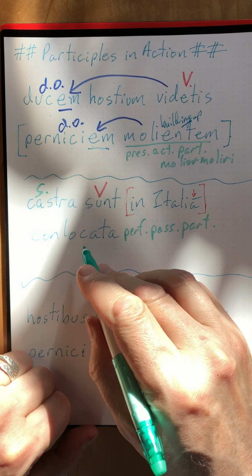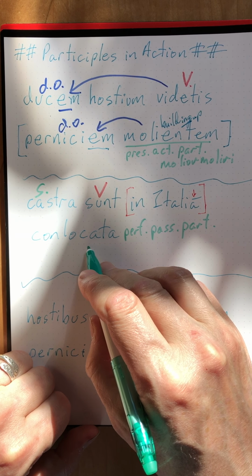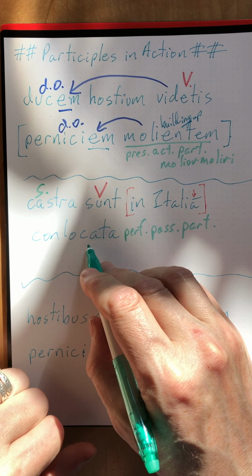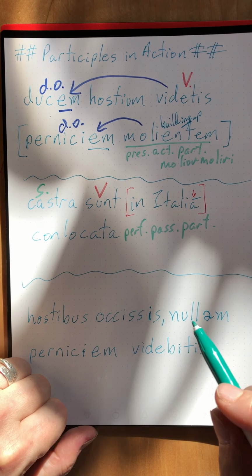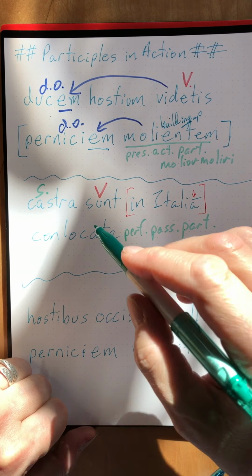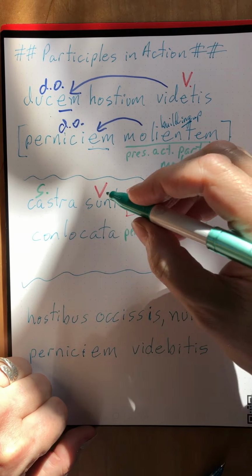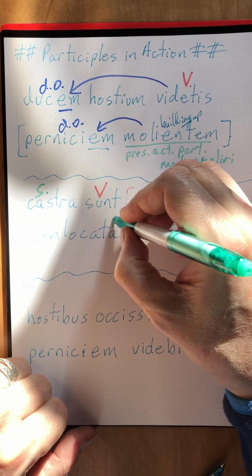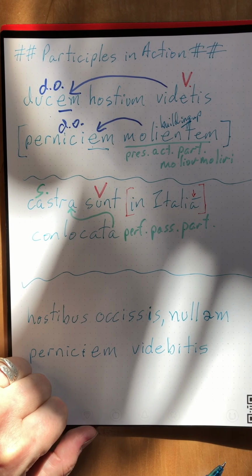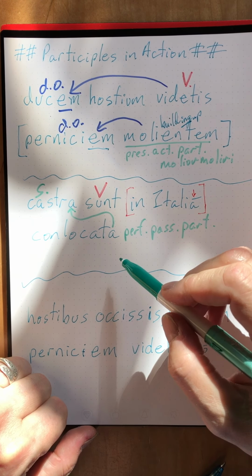So this guy is from the fourth principal part, conloco, conlocare, conlocavi, conlocatus, and it's feminine singular, maybe, but this is neuter plural. So we're going to say, okay, we'll go with neuter plural. It modifies castra. That's part of the guessing game you have to play.